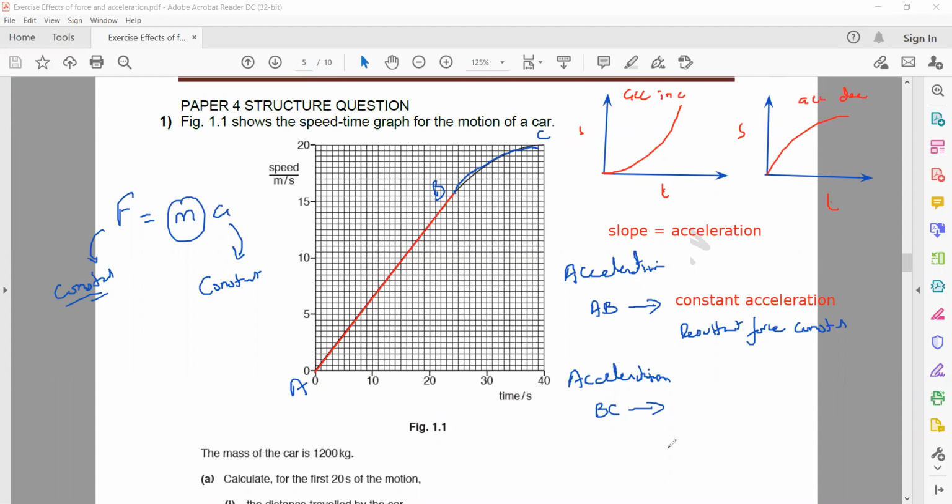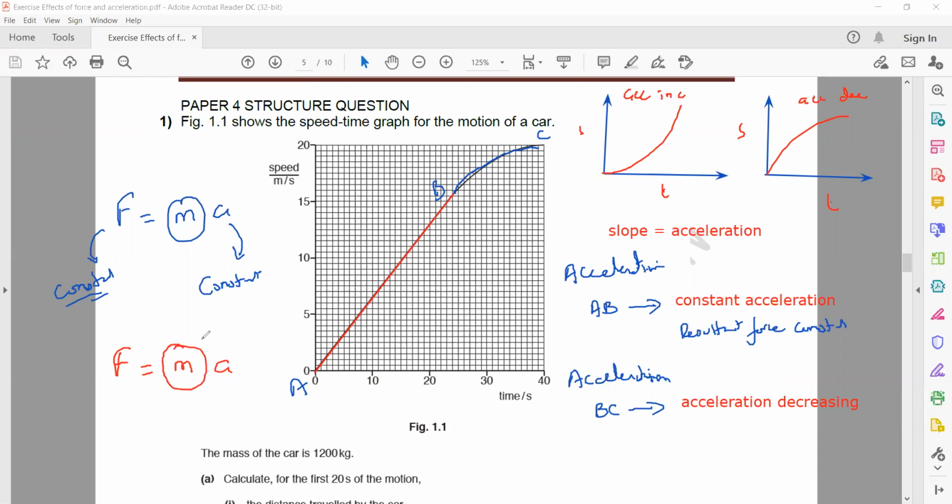So what happens from B to C? From B to C, the acceleration is decreasing. So if the acceleration is decreasing, you have the formula F equals ma: force equals mass multiplied by acceleration.